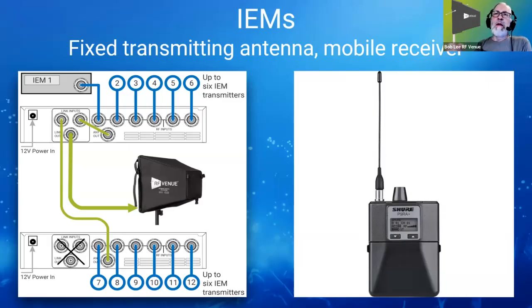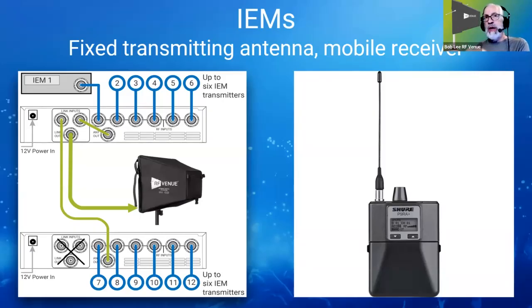And then the idea is that when the transmitter is turned on, the receiver will open up and pass audio. It's kind of like a noise gate for audio, but we're using RF.